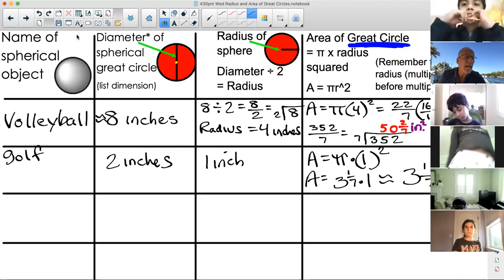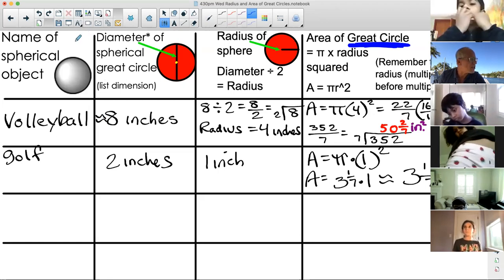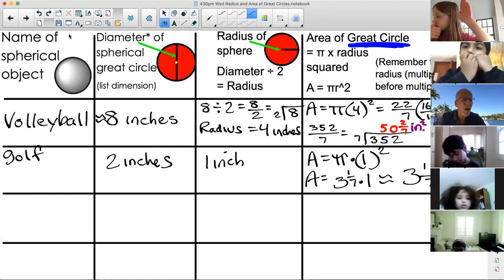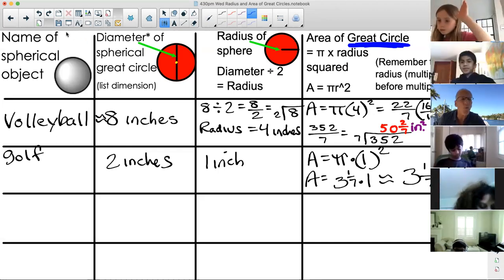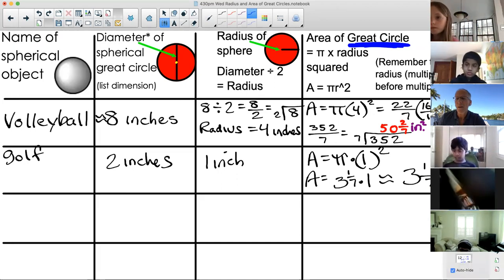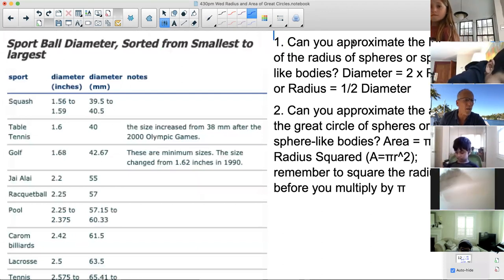Now, who would like to choose another sphere for us to try to do together? I'm going to go with Jesse. A tennis ball. All right, let's go measure a tennis ball.